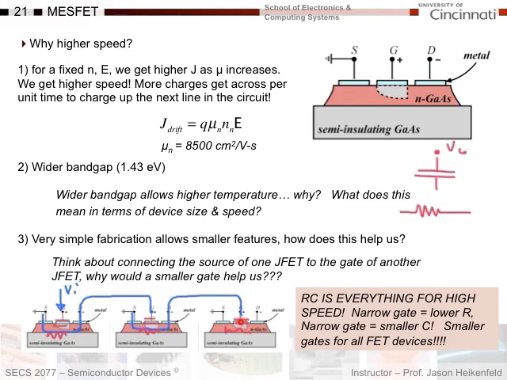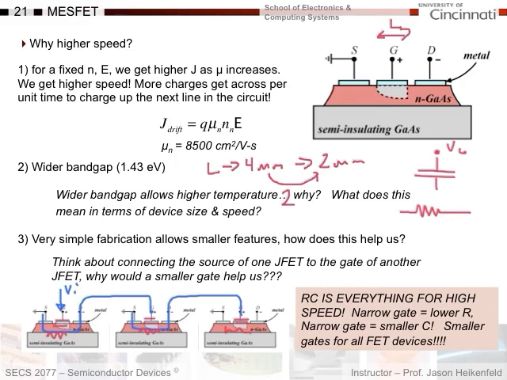So, a simple calculation. Let's say I call my gate length here L. Let's say I take L from 4 microns down to 2 microns. How much would my RC time constant go down for each device in a circuit like this? Well, it's simple. Both R and C get cut in half because I reduced L by a factor of 2, right?